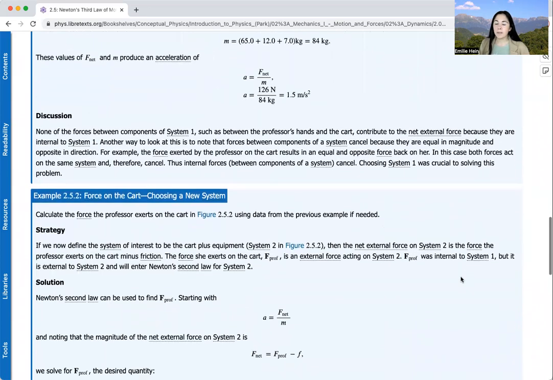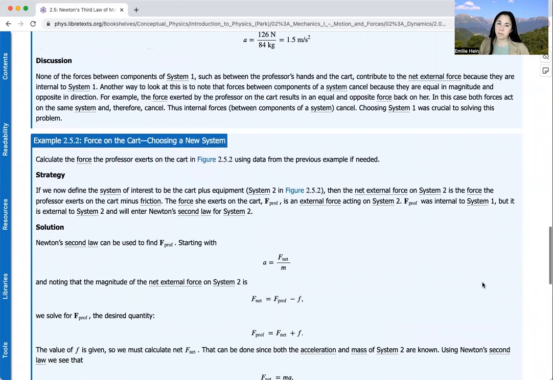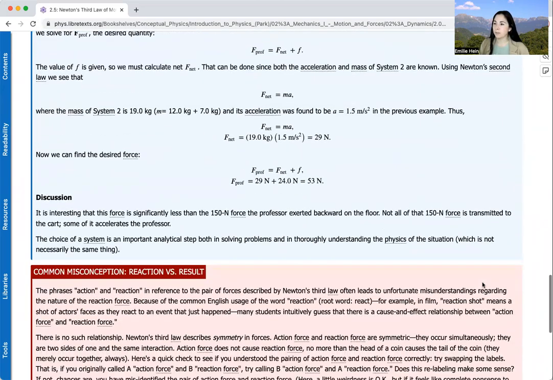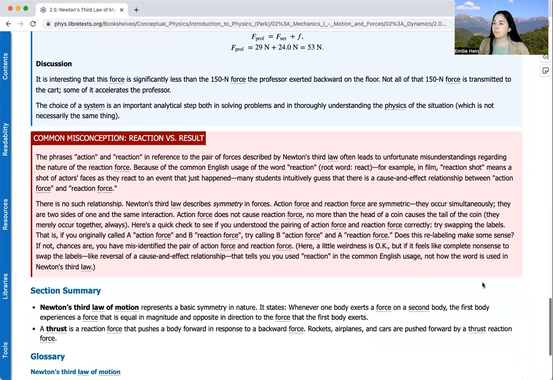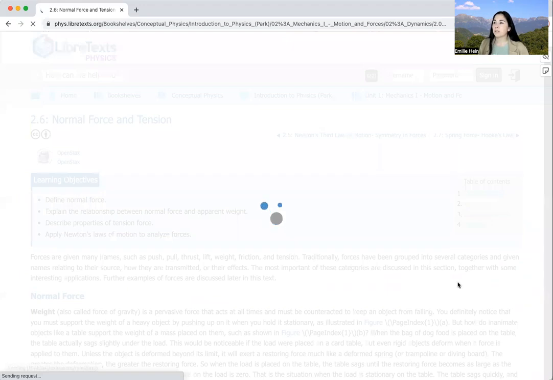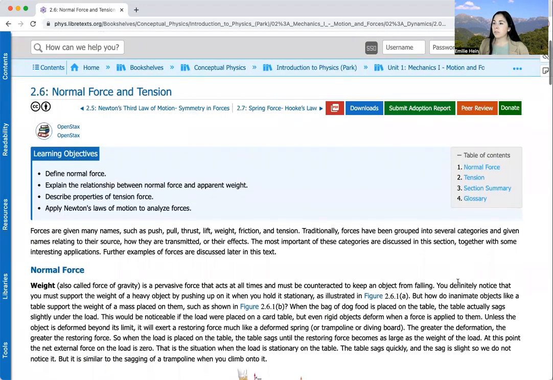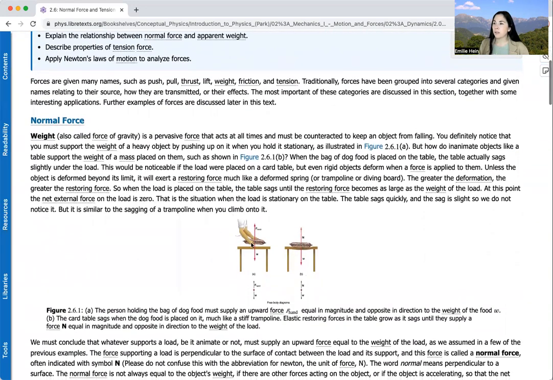So again, it may be overwhelming right now because we're going over this very quickly. I just want to give you a very quick overview of this chapter. Okay, and then you're introduced to examples of forces, so different scenarios. Normal force, so this would be, for example, an object on the table.